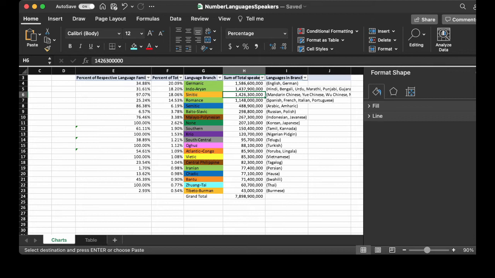There's a similar concentration, so of the Afro-Asiatic language family, Semitic takes up 86.38%, and Chadic takes up 13.62%. Of the Austronesian language family, Malayo-Polynesian takes up 76.46%, and Central Philippine takes up 23.54%.